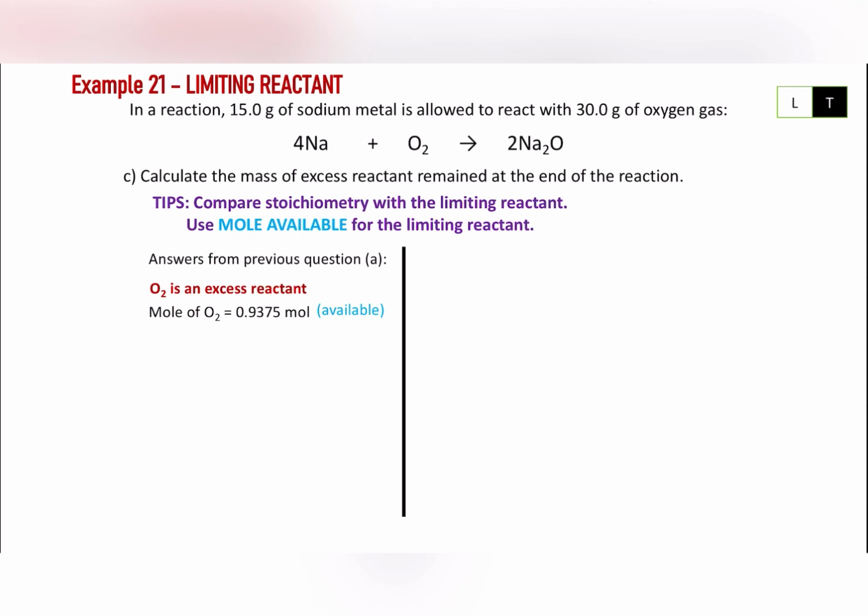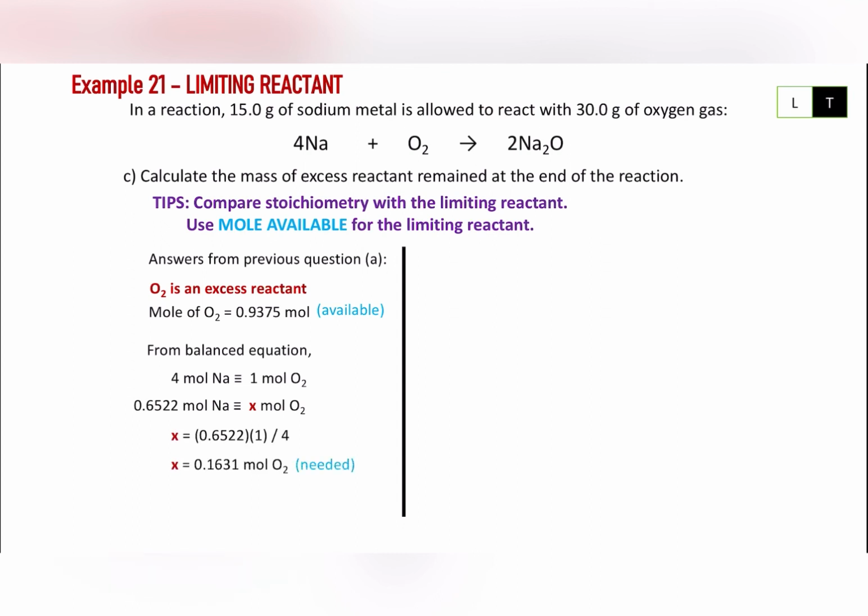So I'm going to show the stoichiometry again so that I will have another mark for this one. If you realize, this stoichiometry is just the same as question A, but please, you need to copy it back at question C as you want to get full mark. So continue with this, you will have mole of O2, which will be 0.1631, and this is mole needed.